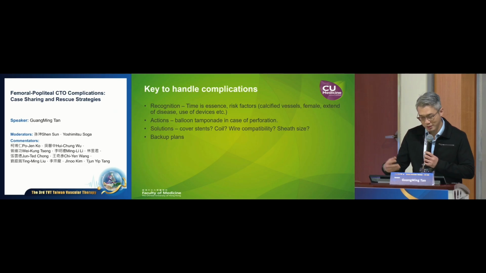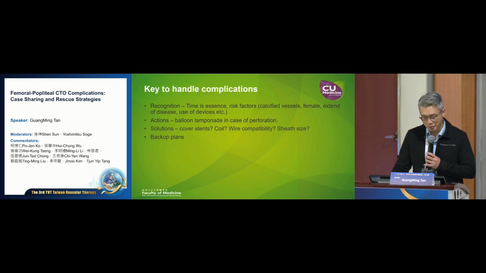And if you are deciding to use a covered stent, whether the wire that you're using is compatible, whether you need to upsize the sheath, all these things you need to go through your mind while the balloon tamponade is taking effect. And last but not least, you always need to have a backup plan.